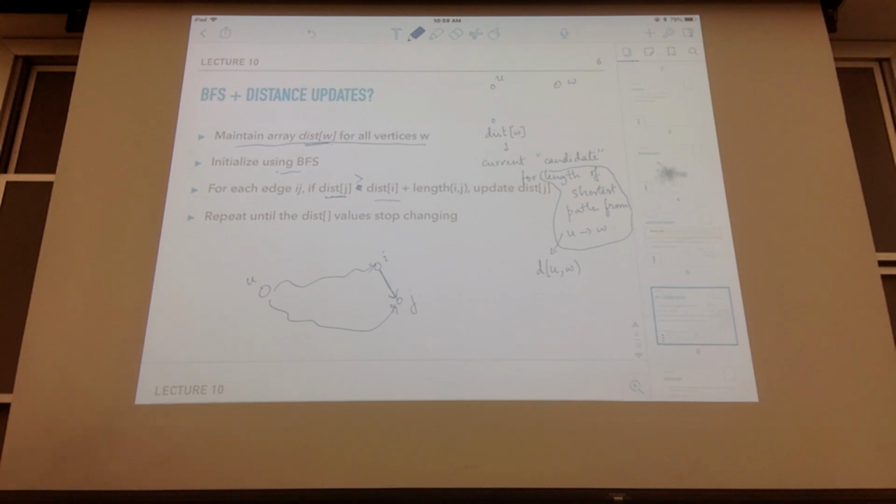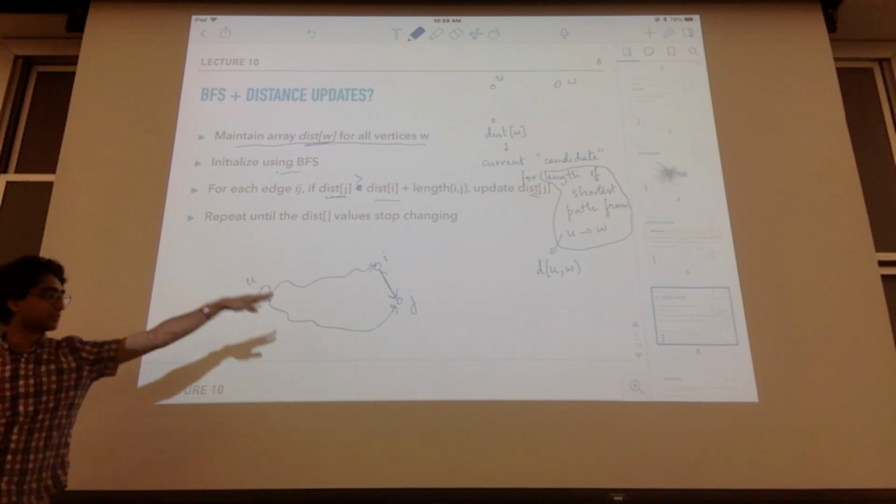What we are saying is, if that quantity is strictly more than the length of the path we have found to i plus this length of ij, then in some sense we have found a better path. So that's why we are updating this dist of j to this.